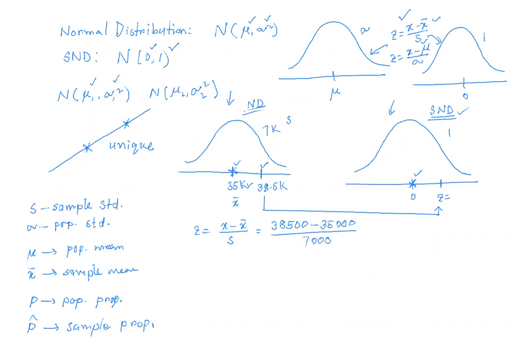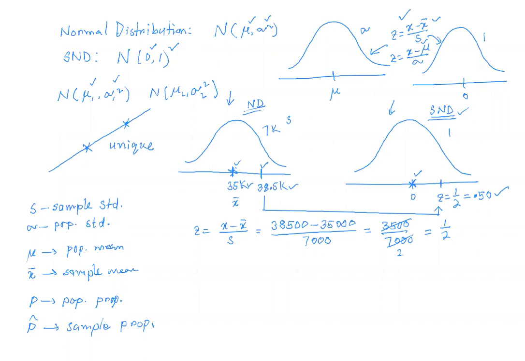If you do the math, you're going to get 3,500 divided by 7,000. So 3,500 goes into 7,000 2 times. So that is going to give you 1/2. So z is equal to 1/2, which is, by the way, 0.50. So the z value that corresponds to 38,500 is 0.50.